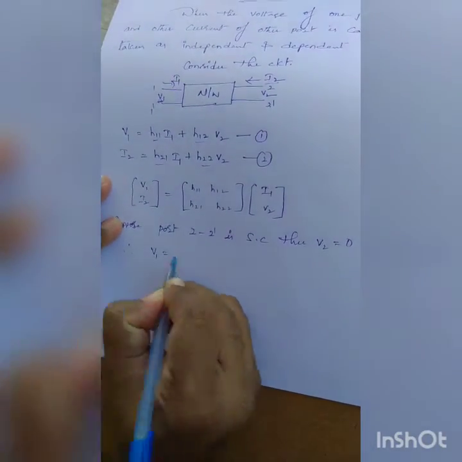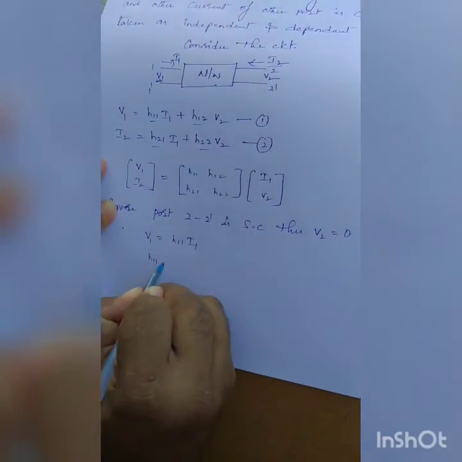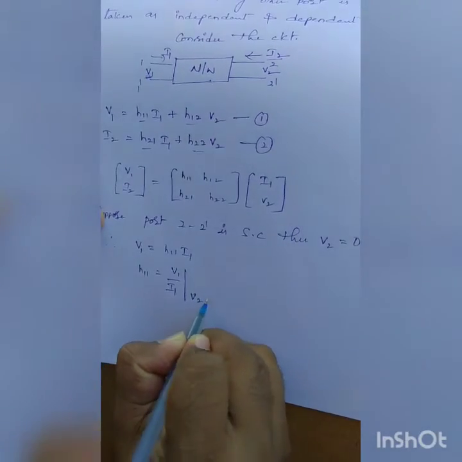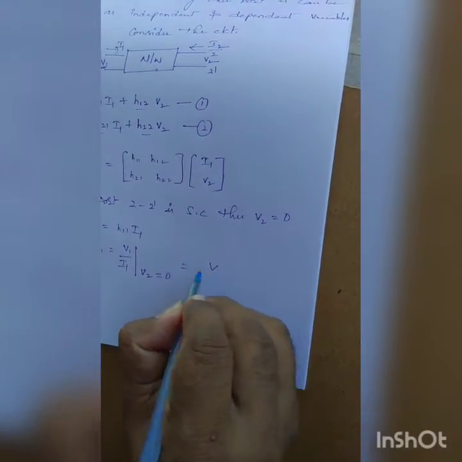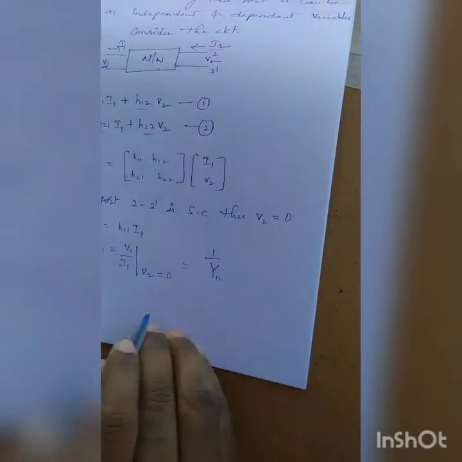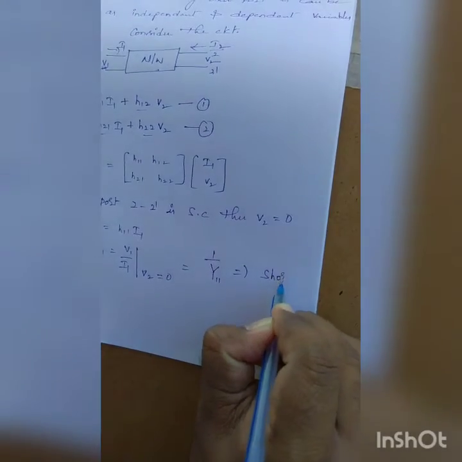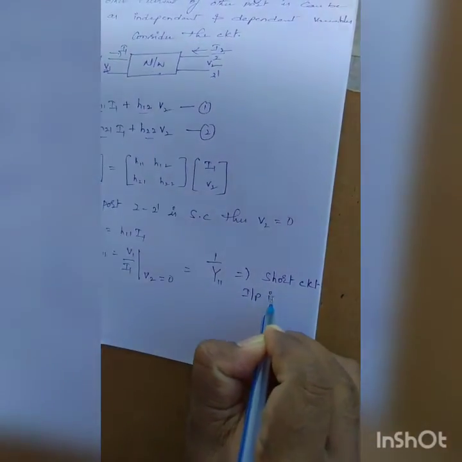Then V1 is equal to H11 I1, so H11 is equal to V1 by I1 when V2 is equal to 0. This is called 1 by Y11, which is nothing but the short circuit input impedance.